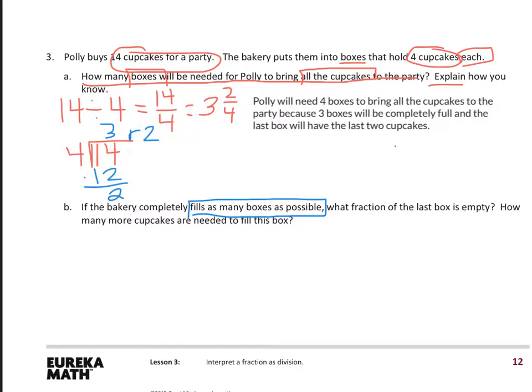If the bakery completely fills as many boxes as possible, the question is, what is the fraction of the last box that is empty? And then the second question is, how many more cupcakes are needed to fill this box?